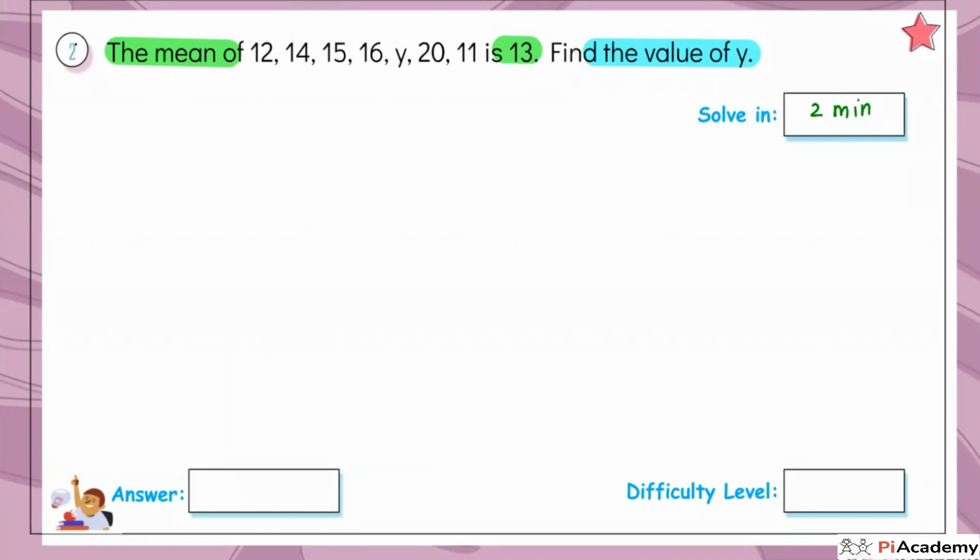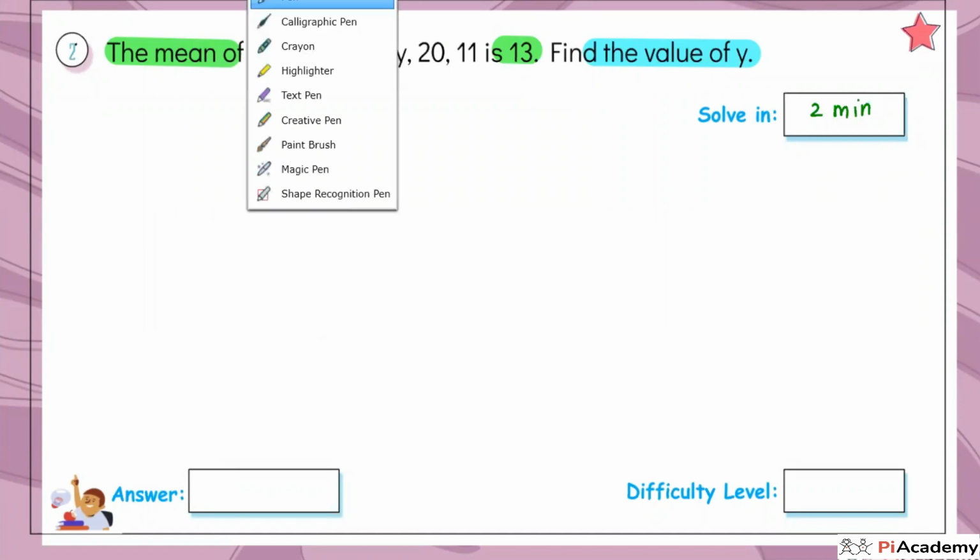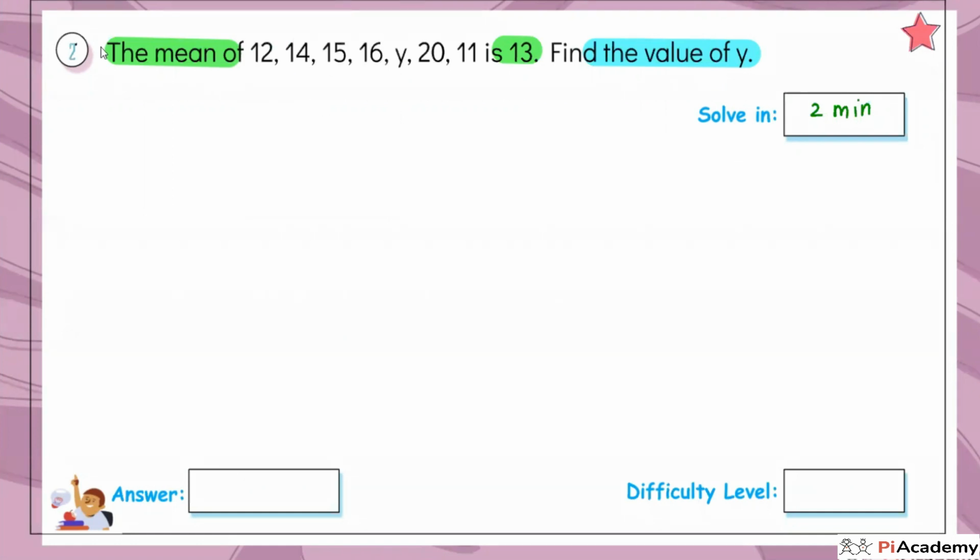Okay, time's up, everyone. We have to solve this question now. So let's begin. As you can see here, how many numbers are given to us? 1, 2, 3, 4, 5, 6, 7, 8 numbers are there. So once you know there are 8 numbers, the denominator is fixed, right?